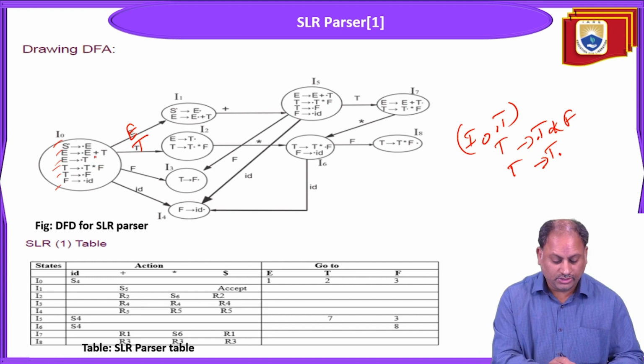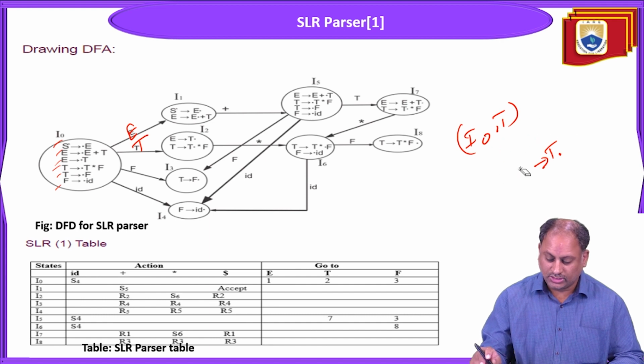E derives E plus T, E derives T. What are the productions which contain that one? That is E derives T dot, T derives T dot star F.